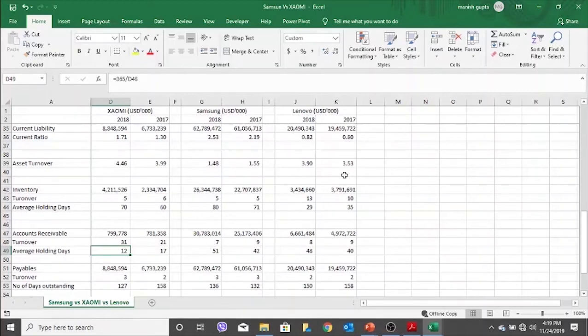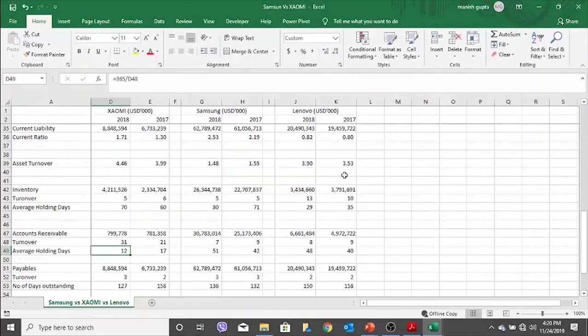But you cannot be 100% sure because the business model may be different. Maybe Xiaomi is selling their phones wholesale, collecting cash in advance or collecting cash from the dealers, while Samsung is maybe putting phones on the dealers' shelves and not collecting until they are able to sell.